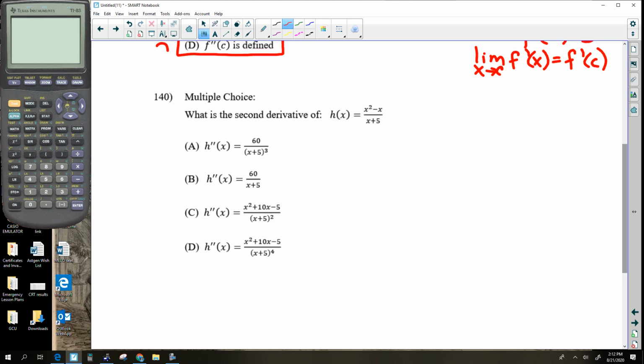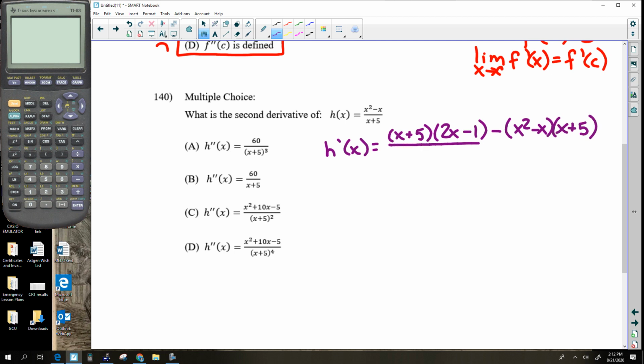What's the second derivative of that? Oh, gross. All right, here we go. H prime. Bottoms up. I'm trying to keep mentally moving to the 5.